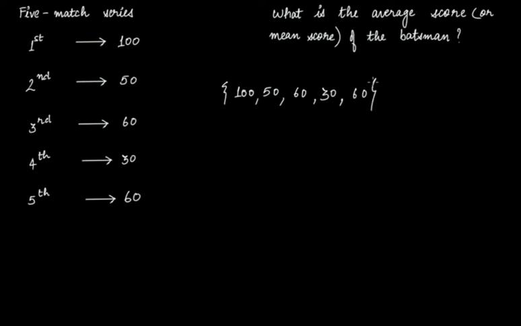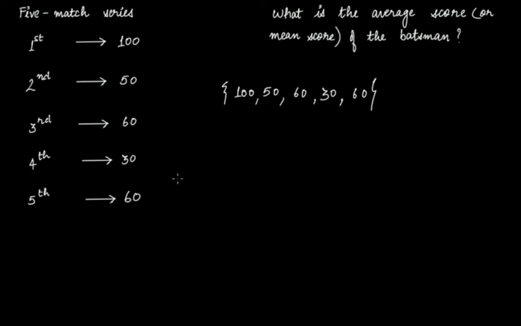You will say that 100, 50, 60, 30, and 60 in this data set are the values of the scores that have been scored in each of the matches, or in the 5 match series.